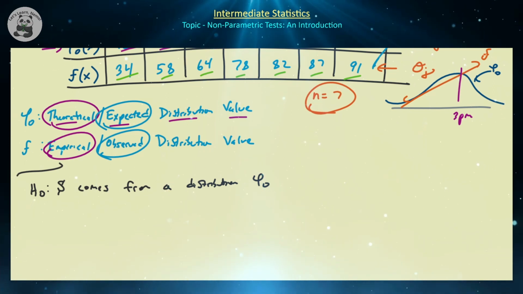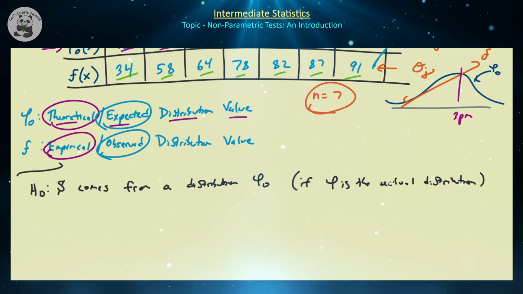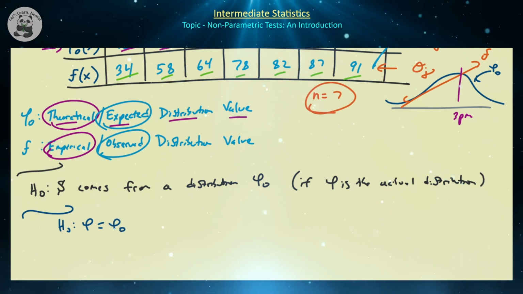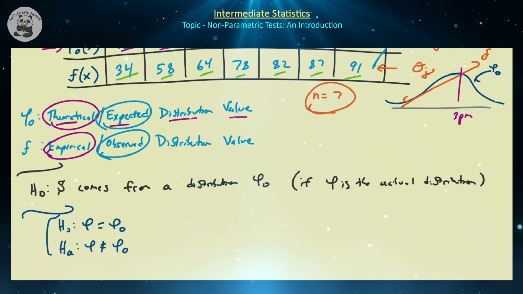So we can say if phi is the actual distribution, then we can rephrase this in the following manner. The distribution is equal to some claimed value of the distribution, and the alternative is that the distribution is actually not equal to that claimed distribution value, right?